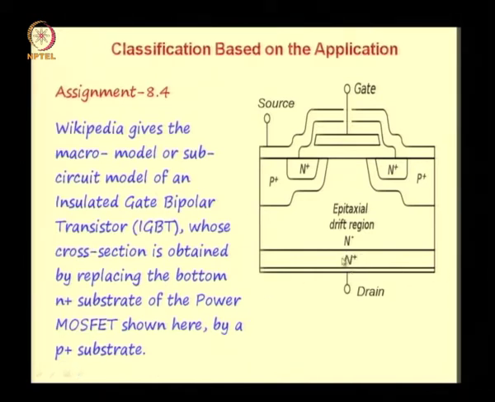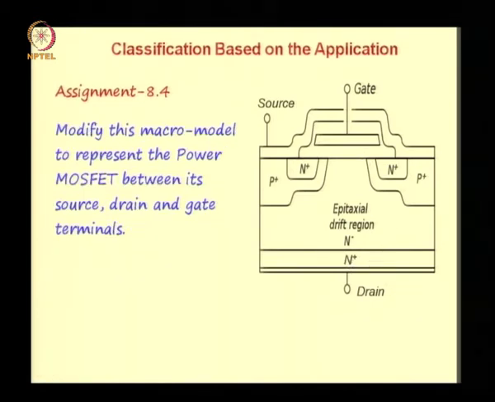If you replace N plus by P plus, this becomes an insulated gate bipolar transistor. Now modify the macro model that you find in the Wikipedia to represent the power MOSFET between its source, drain and gate terminals. So Wikipedia gives the model when this N plus is replaced by P plus. Using that model and using appropriate modification of the model, you are expected to represent this power MOSFET structure.